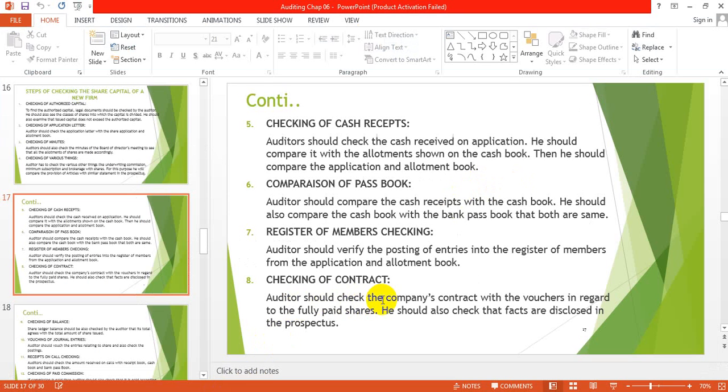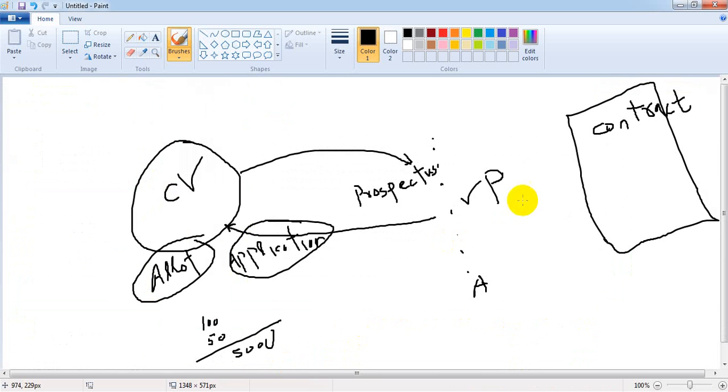The auditor should check the contract of the company with the voucher for those shares which are fully paid. He should also check whether facts are disclosed in the prospectus or not. He will check the contract and the prospectus. The prospectus is issued to the public to disclose each and everything about the company.